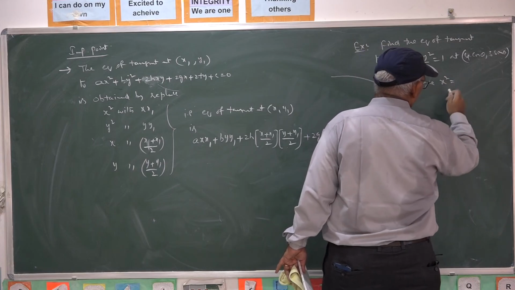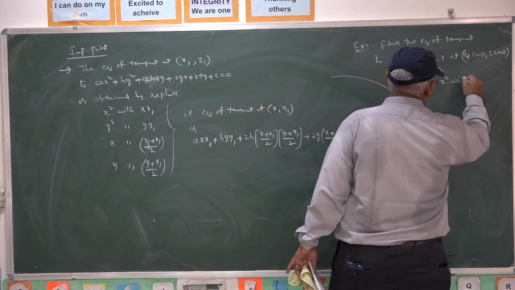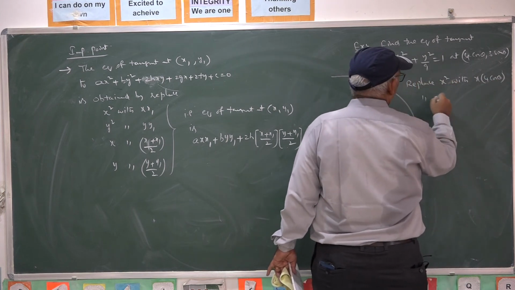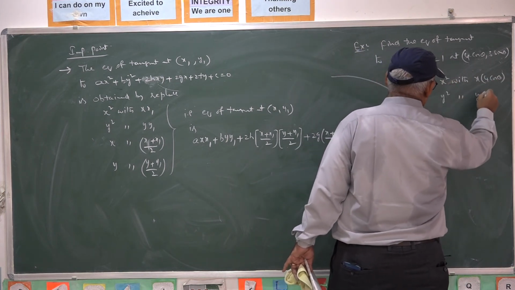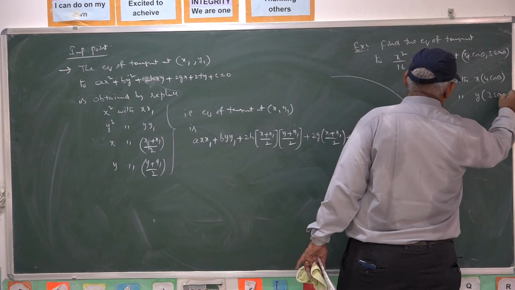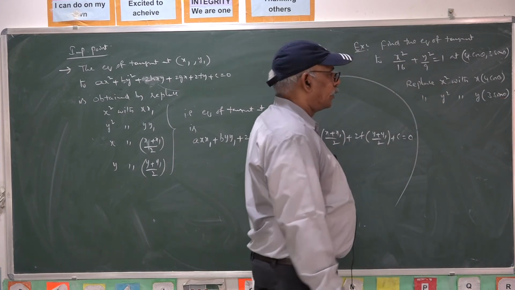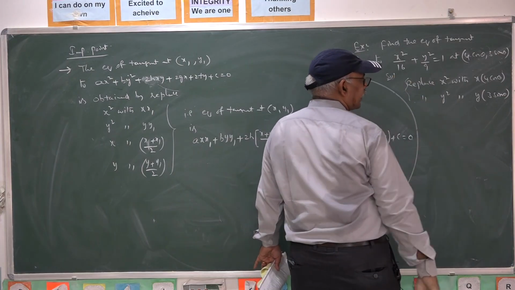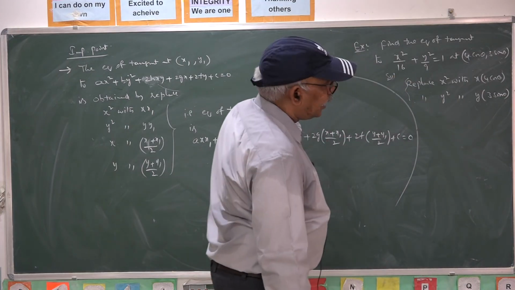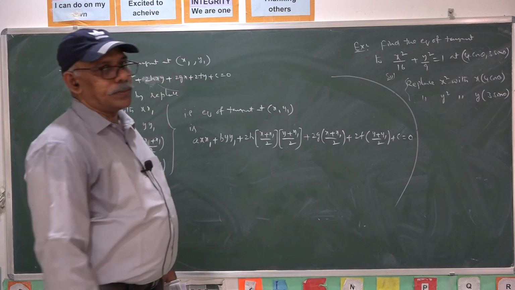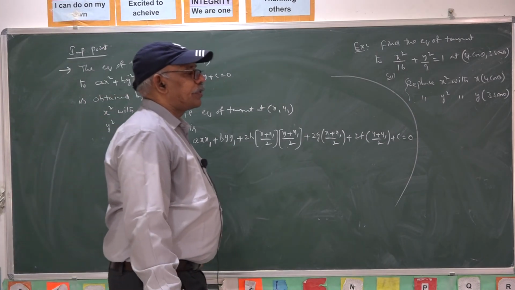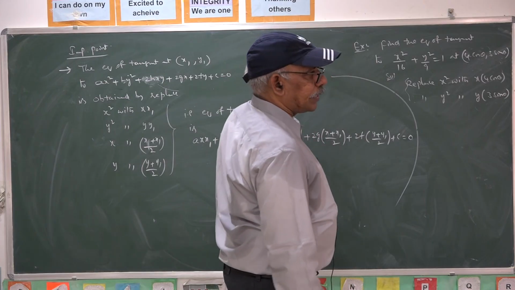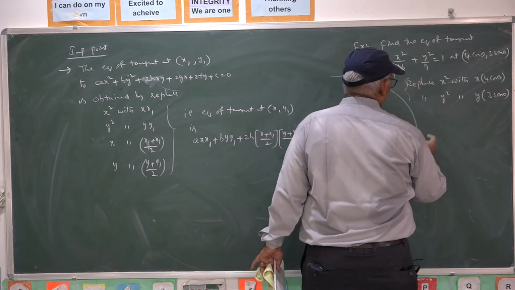To get the equation of the tangent, you have to replace x square with x x1, x1 is 4 cos theta, and y square with y y1, y1 is 3 sin theta.